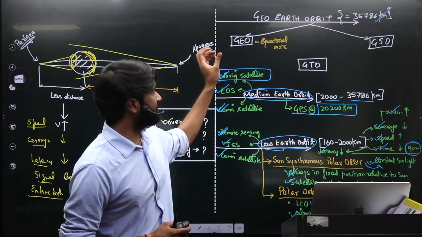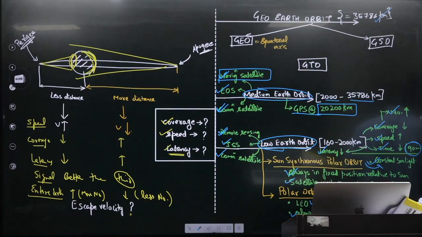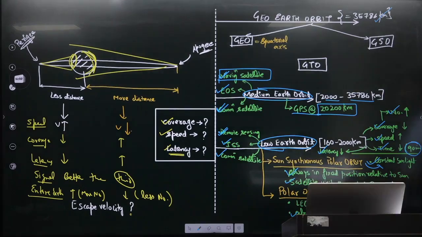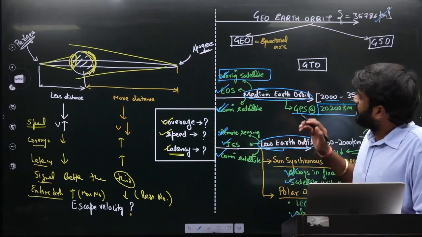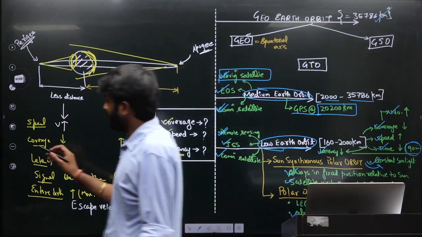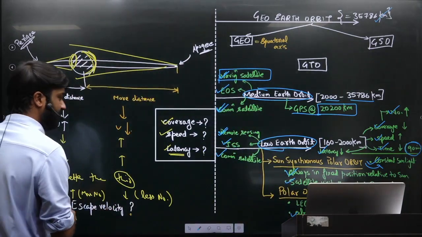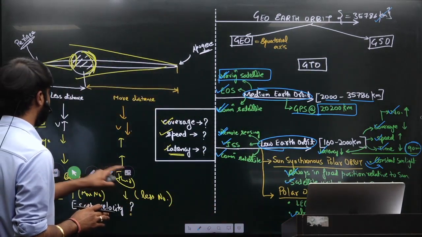First is geostationary earth orbit. So geostationary orbit or geostationary earth orbit, the distance for these two will remain the same. See what is happening. I just want to show you the different types.